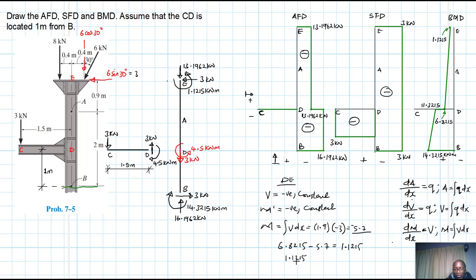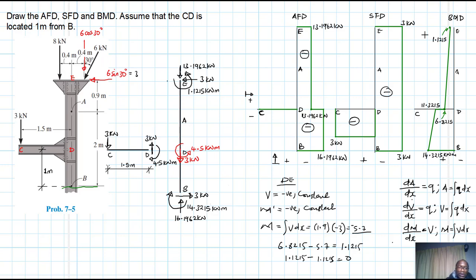Then when we reach E we have a moment which is positive, therefore we are going to use an internal moment which is negative, right? So minus 1.1215, which gives us 0. All right, so this is therefore going to close at this point like so.